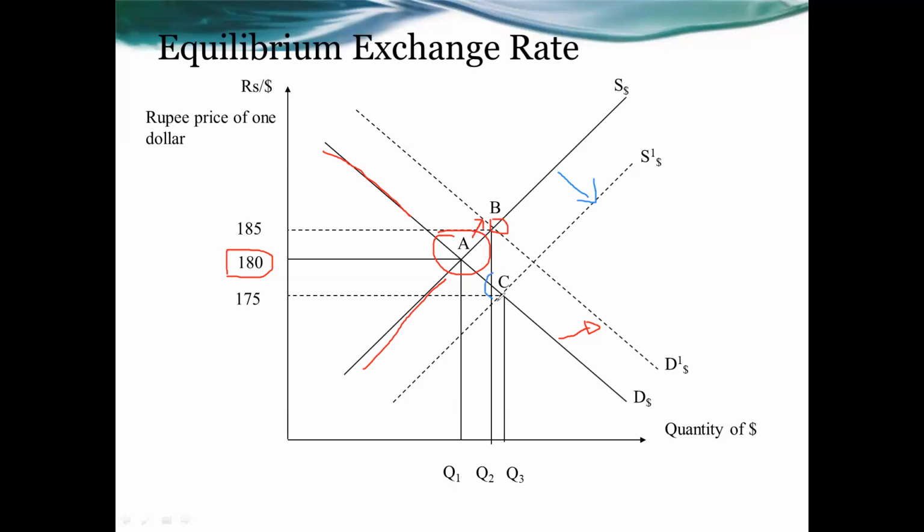Now our new equilibrium is equilibrium point C. Now you can see the exchange rate is getting lower, from 180 to 175. Right? This is the way exchange rates are determined, or the way exchange rates reach equilibrium.